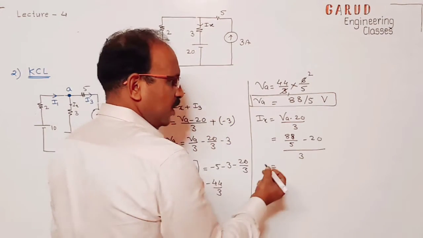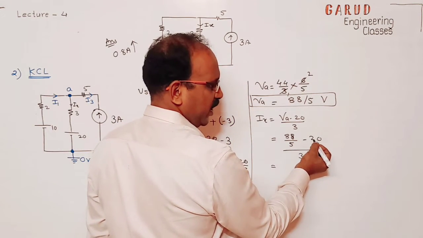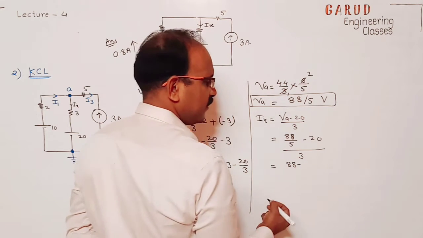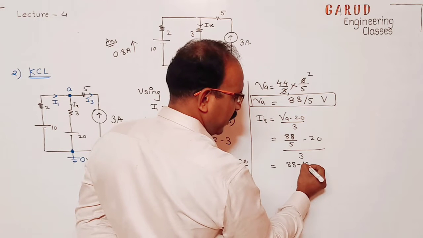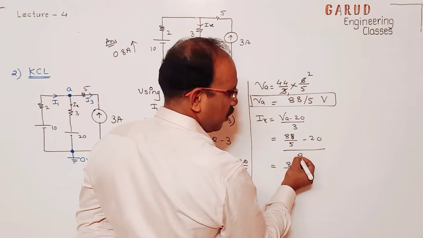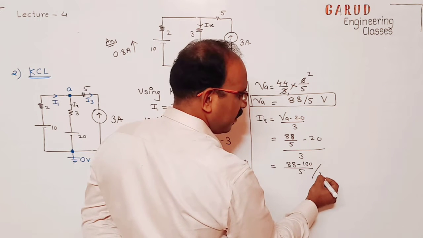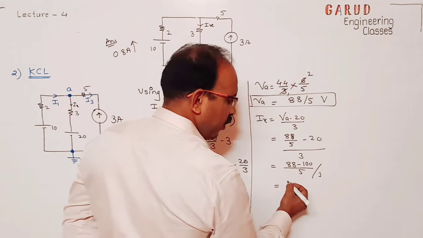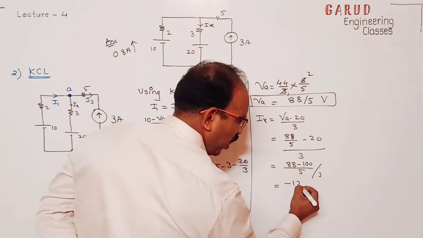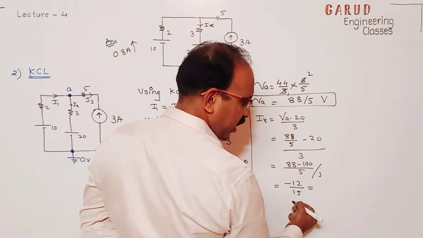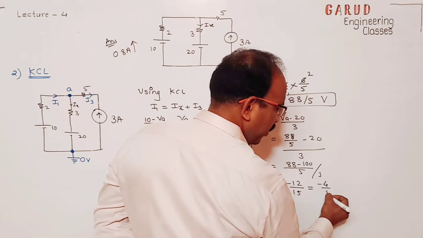That is equal to, here will be 5 times 20, 100. So 88 minus 100 upon 15, which is minus 12 by 15, equal to minus 4 by 5.